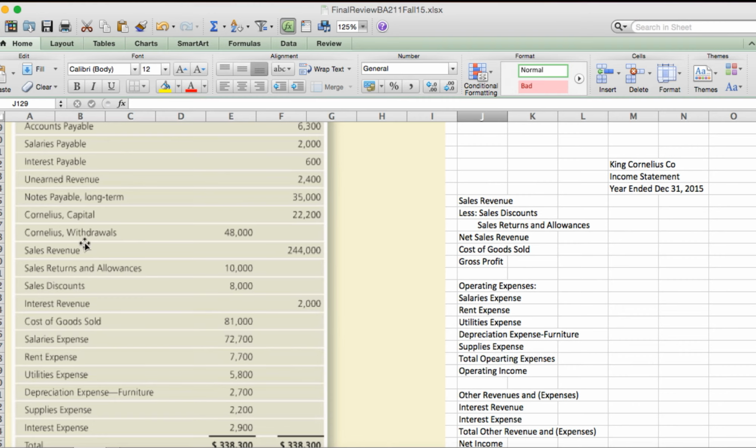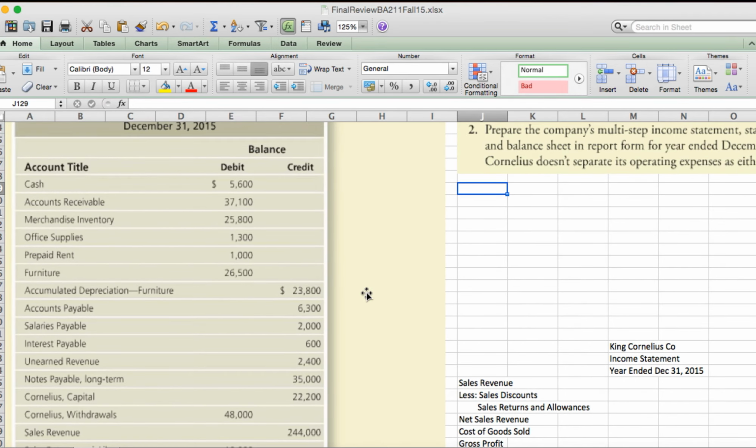So we've got sales revenue, and that's the only revenue account that we have, of $244,000. I'm sorry, we also have interest revenue here. So we're going to want to close both of those out. They're credits right now, so we need to make them debits. So we have a debit to sales revenue and a debit to interest revenue.